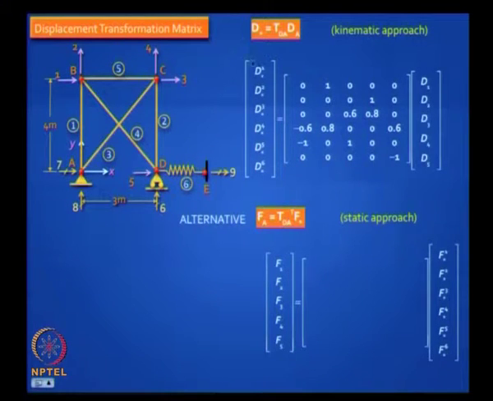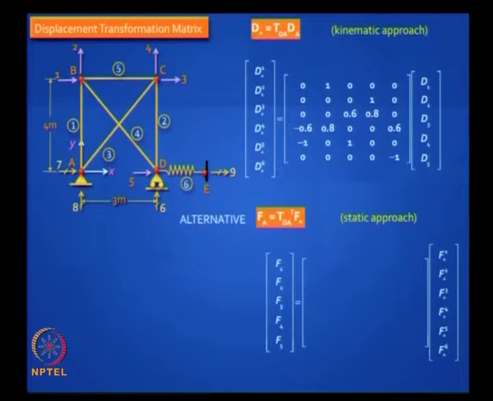If you look at the element displacement vector, what do these quantities refer to? These are the element displacements. What does D1 star refer to? Axial deformation. It is just the elongation in the element 1. This has only 1 degree of freedom.